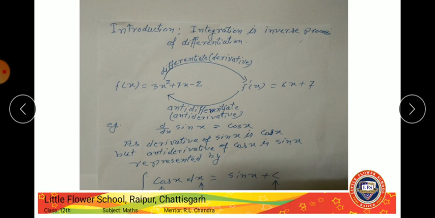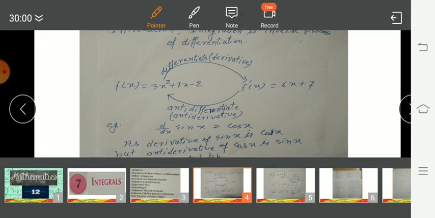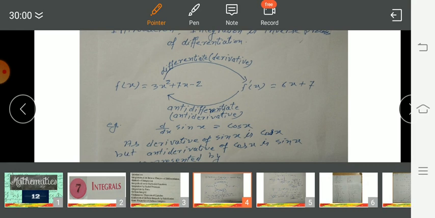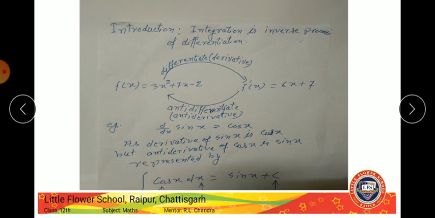If any function is defined as f(x) = 3x square plus 7x minus 2, we know that its differentiation is f dash x is equal to 6x plus 7. Once again, function f(x) is equal to 3x square plus 7x minus 2.